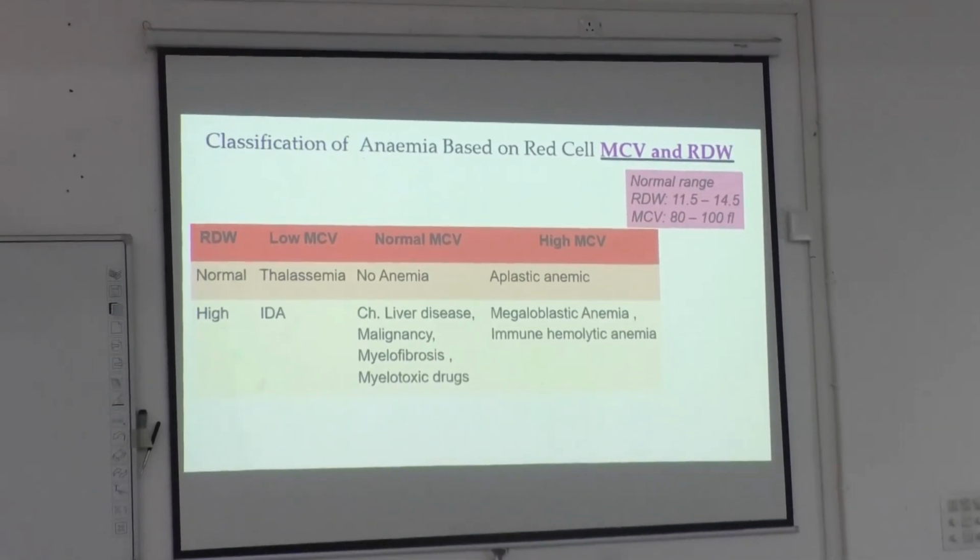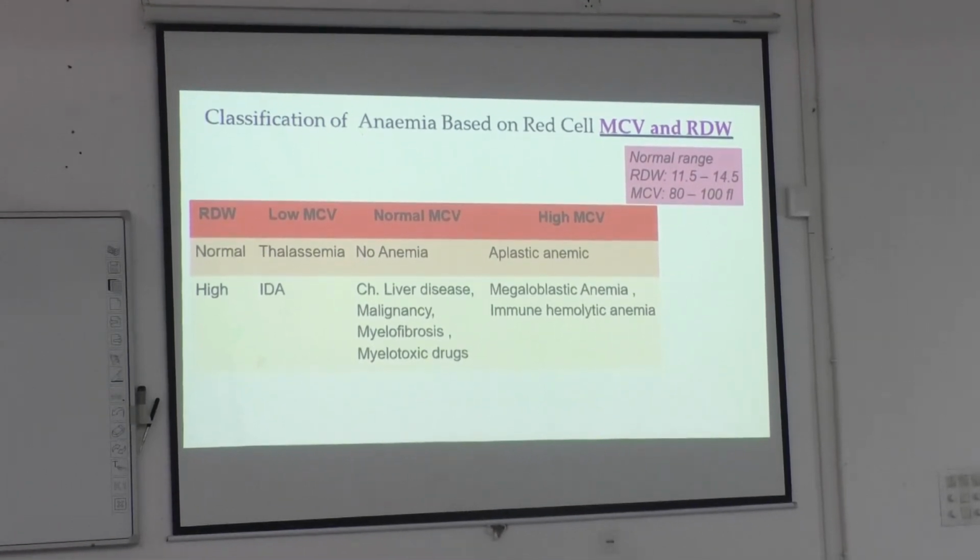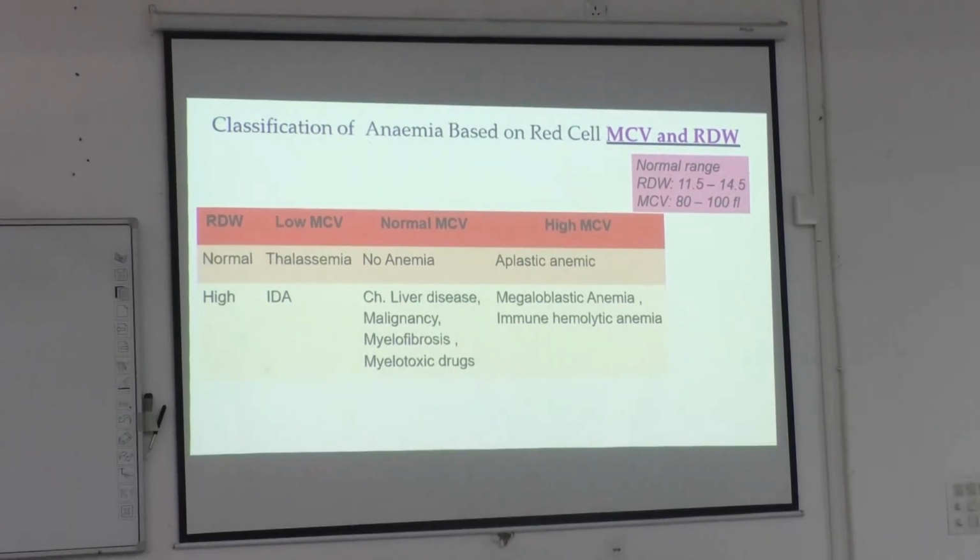This is another presentation. By seeing the blood picture, you can diagnose whether this is, 2 or 3 parameters.